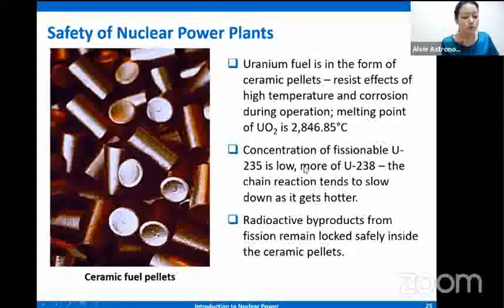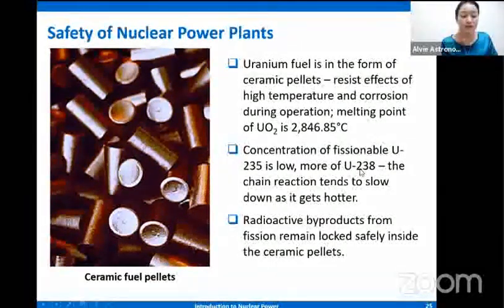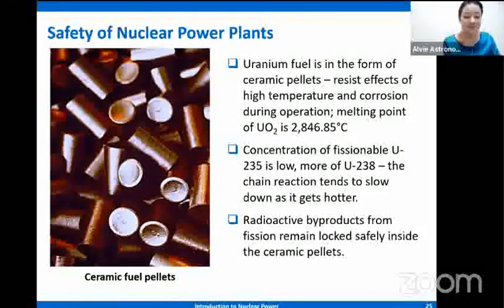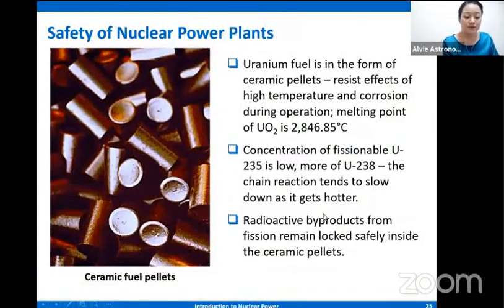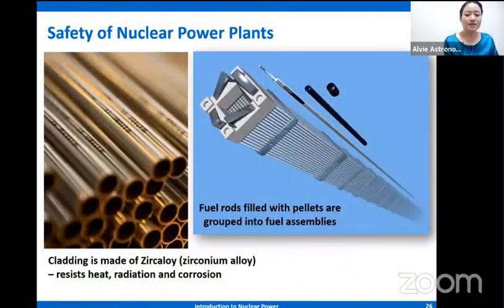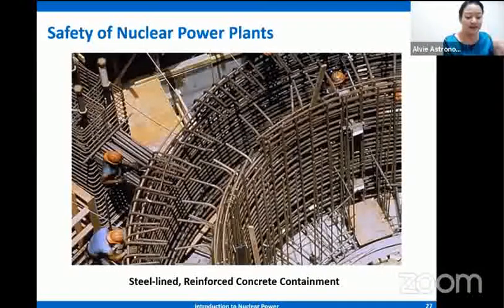Concentration of fissionable uranium-235 is low, and there's more uranium-238, which tends to slow down the chain reaction as uranium-238 gets hotter. Also, the radioactive byproducts from fission remain locked safely inside the ceramic pellets. Okay? And here's an example of a steel-lined reinforced concrete.